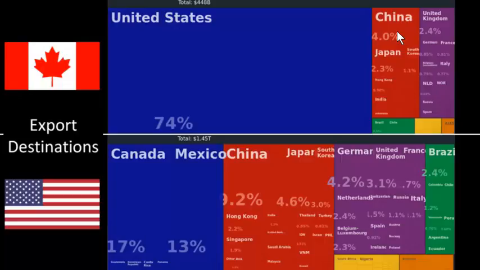So that's a little different from the bottom. The United States is much more diverse. The United States has Canada as a trading partner, exports to Mexico as well, to China. Oftentimes these are things that are exported to Mexico, Canada, China, and then eventually imported back in from those countries.